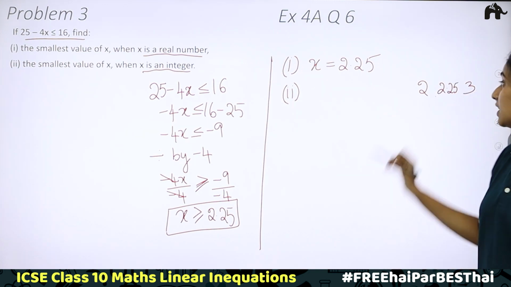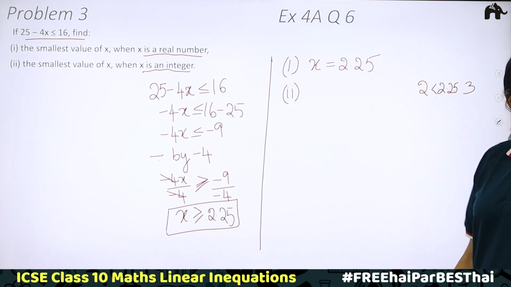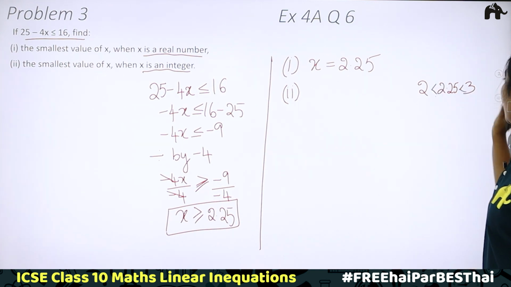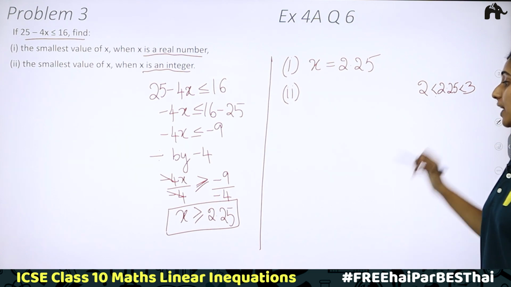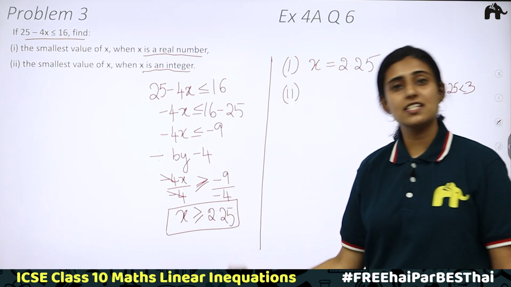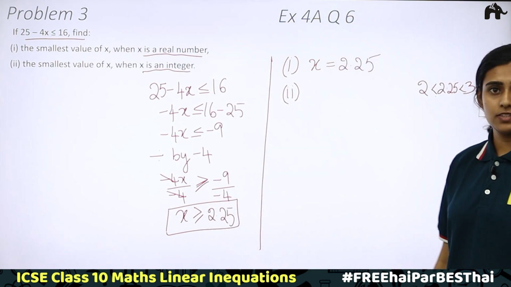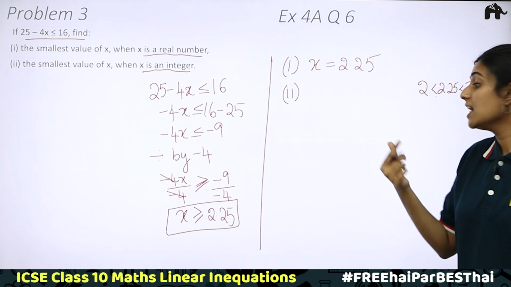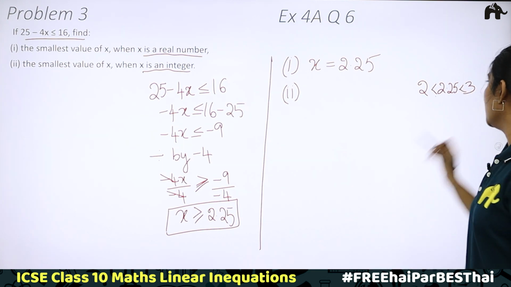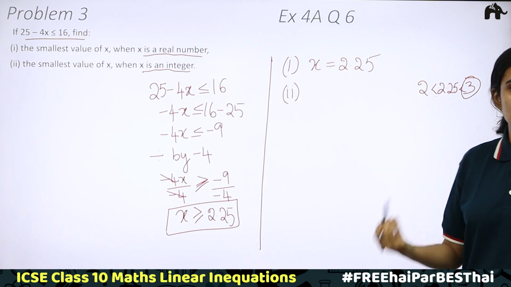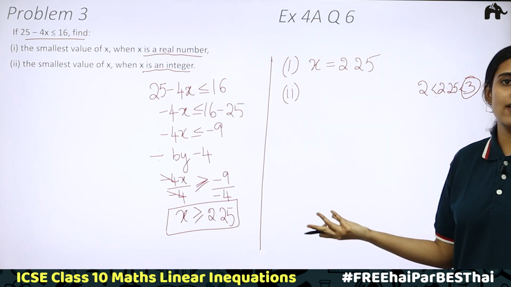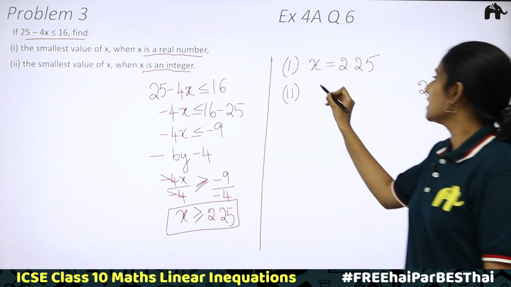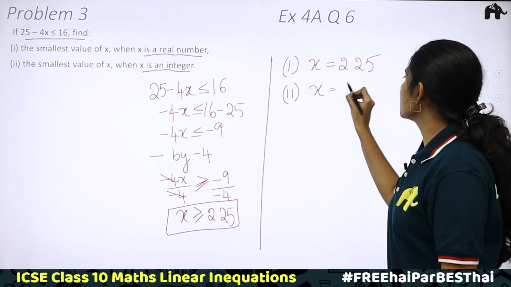Which means 2 is less than 2.25 and 3 is greater than 2.25. X should be an integer that is greater than 2.25. So the nearest value that is possible is 3, and 3 is the smallest value. Yes. So the second answer, x is equal to 3.